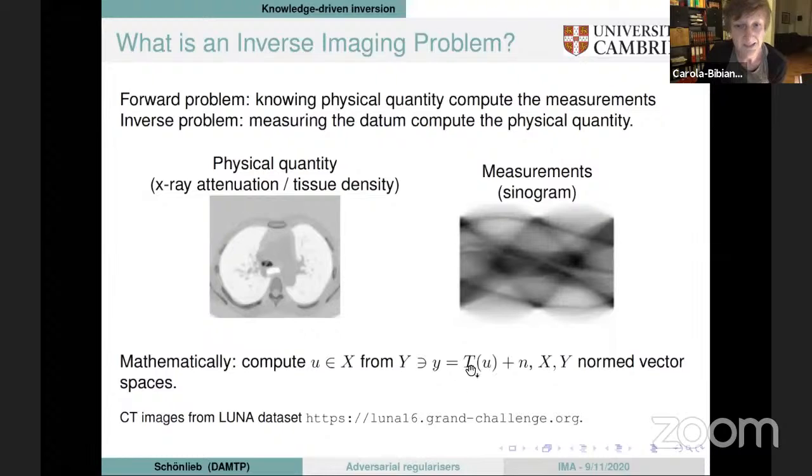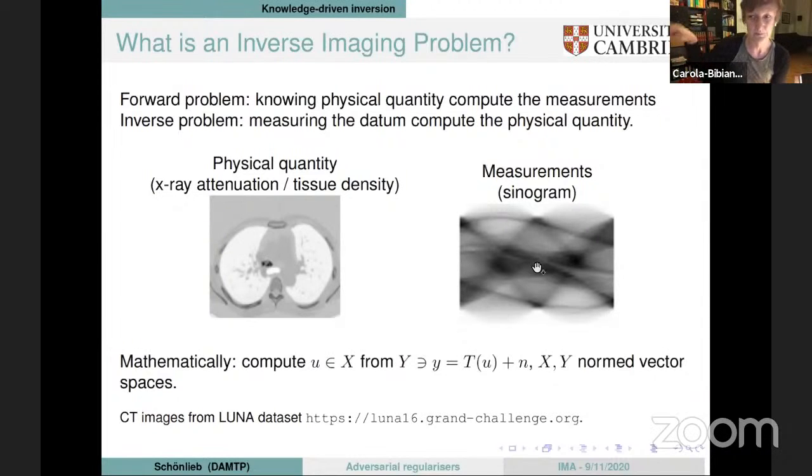But capital T basically models the process that your quantity u, which in inverse imaging in a lot of cases is an image or some information that is hidden in an image, has gone through before you observe it.